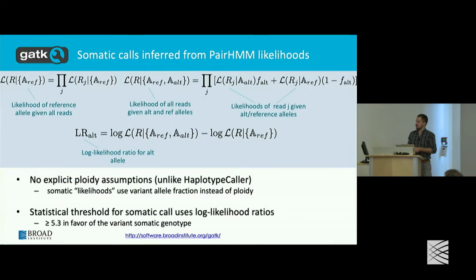We find the log likelihood ratio, and then we have a magic constant to say whether we will call that site, whether we will emit it or not. Right now, I think that magic constant is 5.3, but because the tool is changing so rapidly, that magic constant is going to go away, or already went away in the very latest release, and things are done in a smarter way.